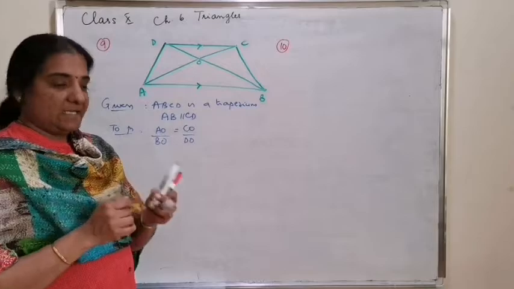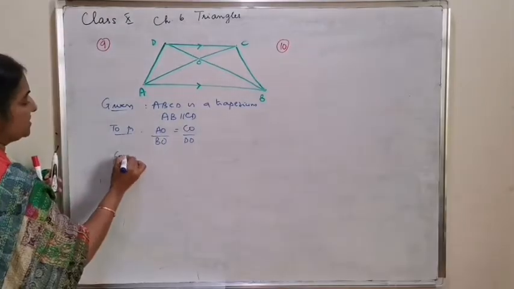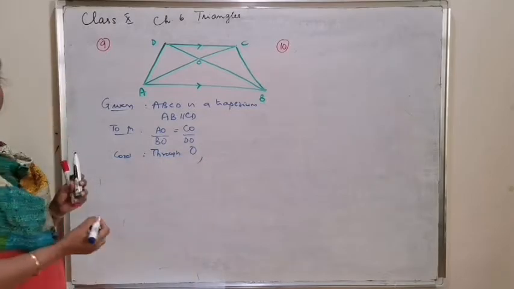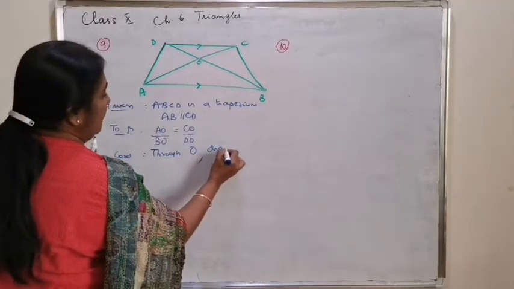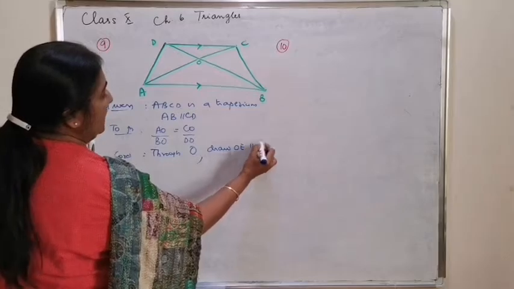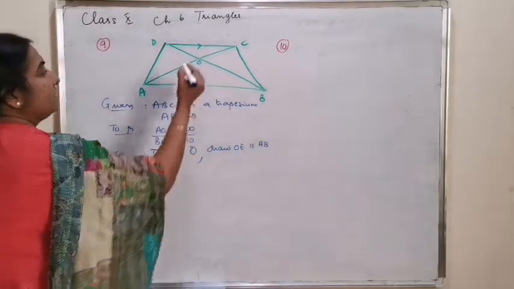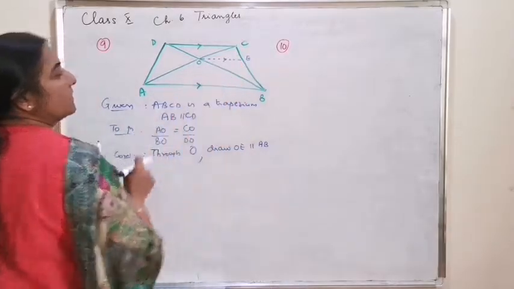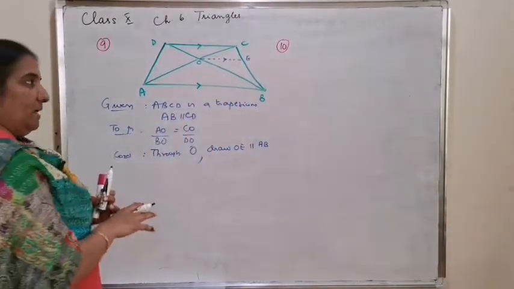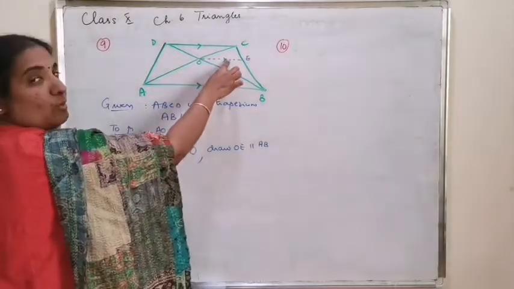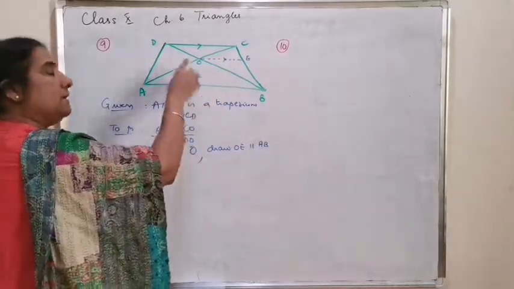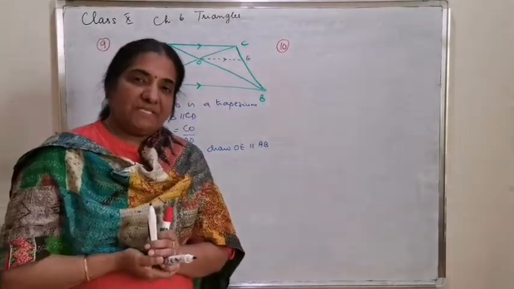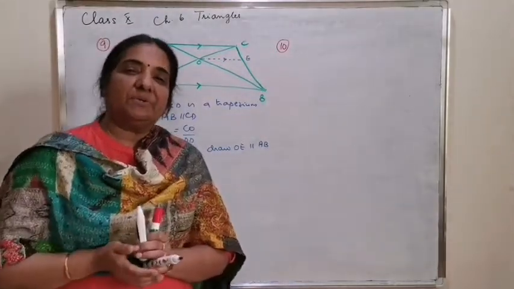So there is the construction. The construction is through O, draw OE parallel to AB. Now, if you draw OE parallel to AB, it will automatically be parallel to CD also because it is a trapezium and AB is already parallel to CD.